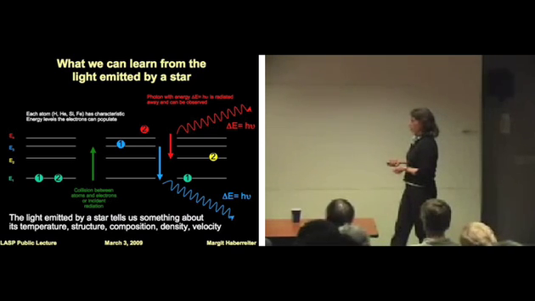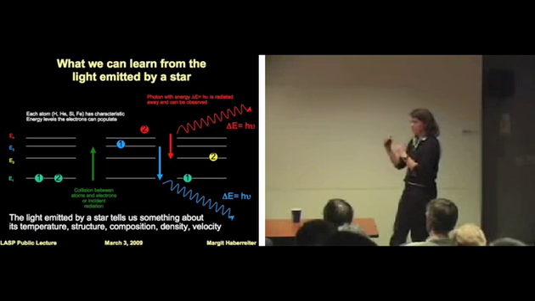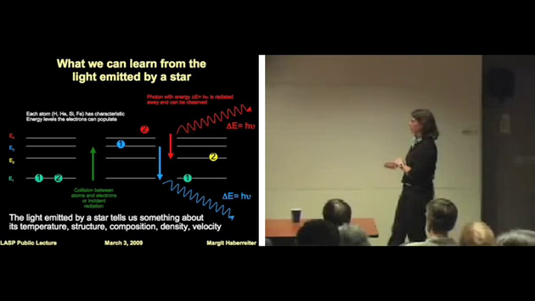We can learn about the composition, because each of these elements, from hydrogen to, let's say, zinc, has characteristic energy levels. So we can learn about the composition of a star, the density, and even the velocity.